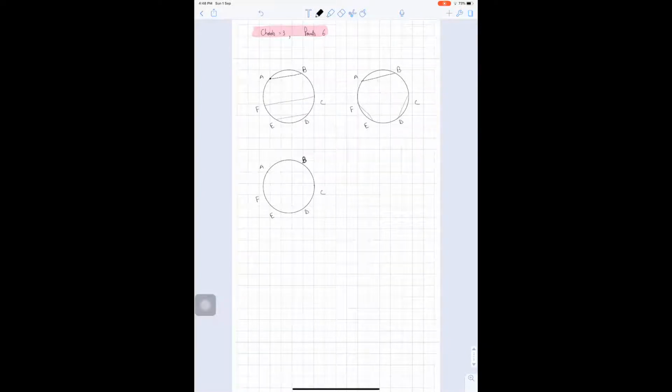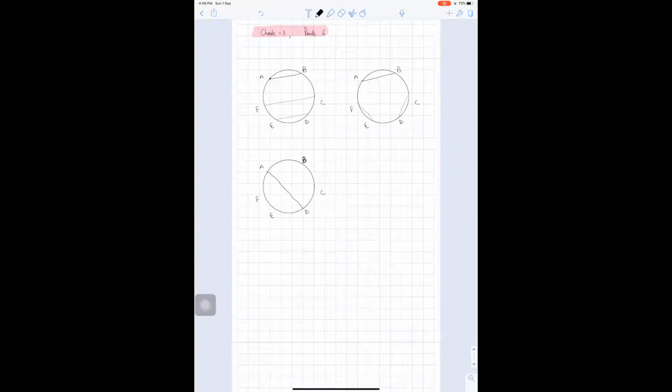Now let's see if we can draw from A to D. If we draw from A to D, the number of points in the upper partition is 2, and in the lower partition is also 2. So we know if we have only 2 points, then the solution is 1.